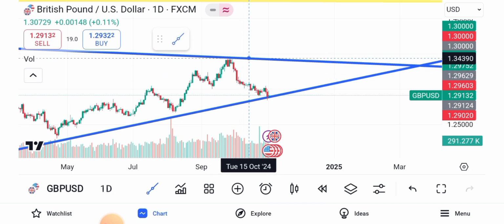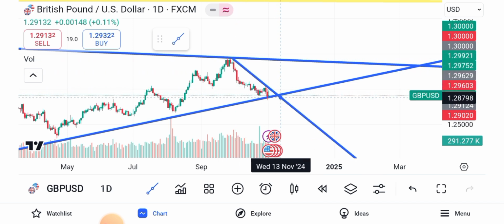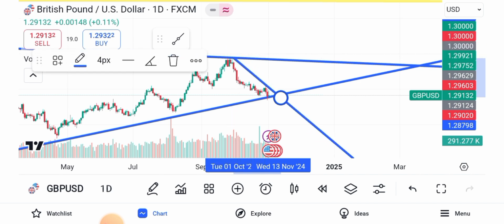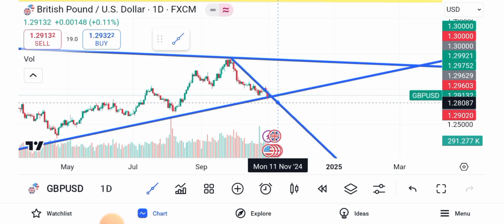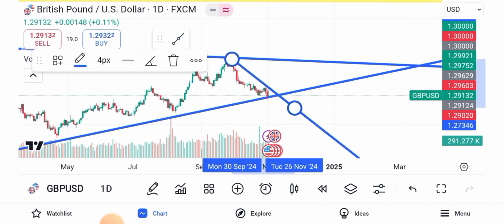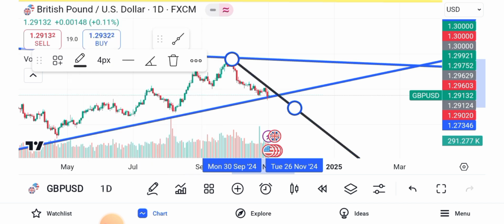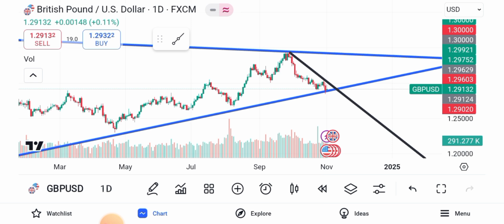Daily, I'm definitely going to put a trend line here from the top to the downward part, and I'm just going to try and make it touch. Cannot see it properly. Okay, I'm gonna delete that, start again, try to put it exactly on the price and pull it down. I'm gonna change this trend line into a black trend line. That's my daily chart trend line. And yeah, this is about it.